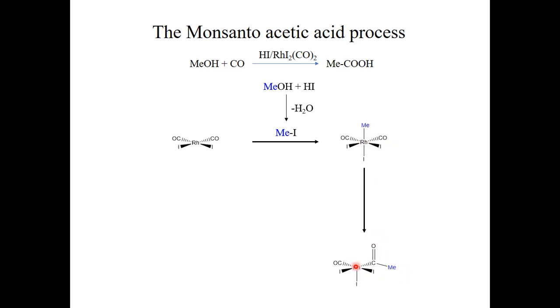The rhodium here is in the coordination number 5, and in the presence of carbon monoxide, this sixth position can be filled with carbon monoxide. This also serves as the driving force of the reaction, because I've said that these migratory insertions are actually reversible reactions. So by occupying the empty site with new carbon monoxide, we're shifting the chemical equilibrium to the right side.